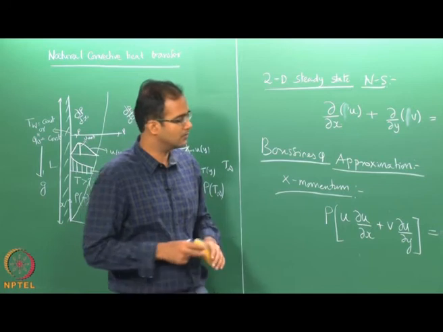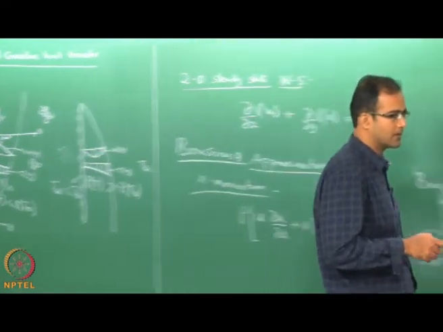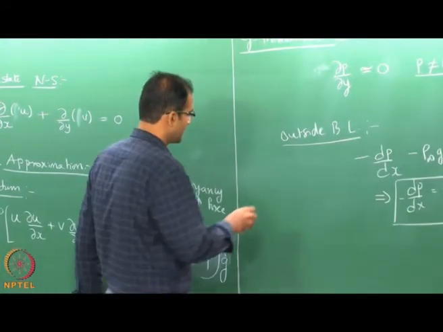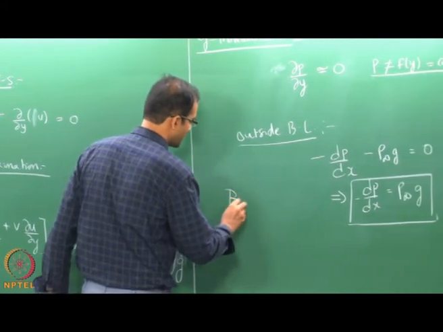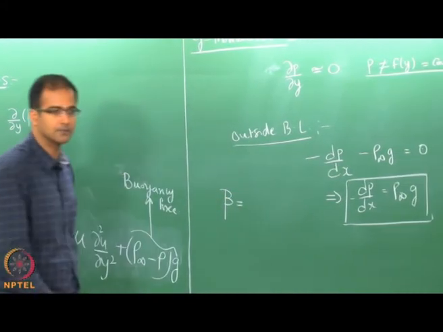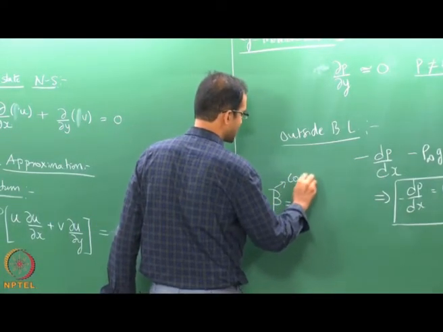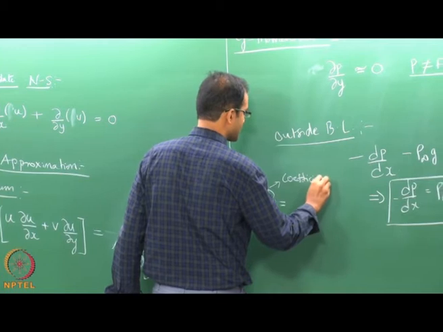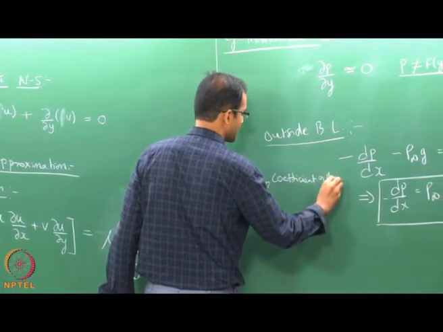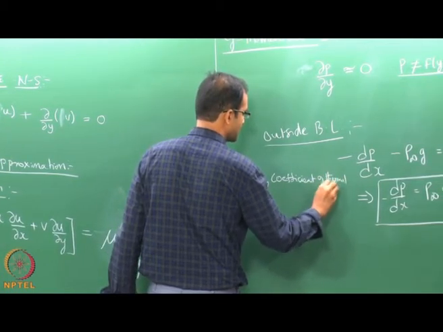To invoke the Boussinesq approximation, we will define beta, the coefficient of thermal expansion.